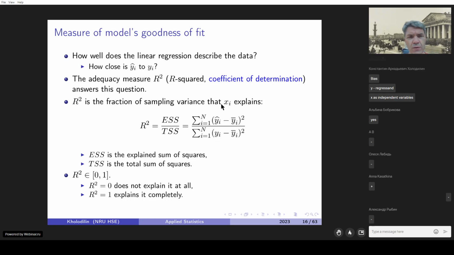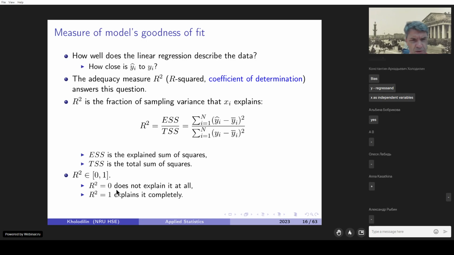Here we have the explained sum of squares, and here we have the total sum of squares. The explained sum of squares is defined as the variance of fitted values, and this is the total variance of y. So the bigger this term, the bigger R squared, and the better our model explains the data.